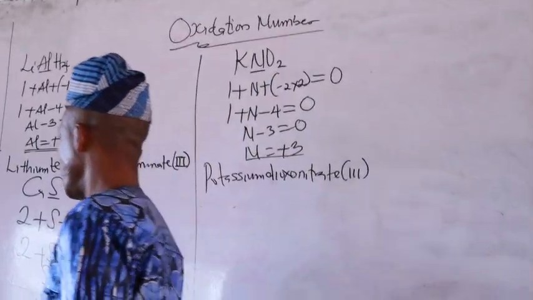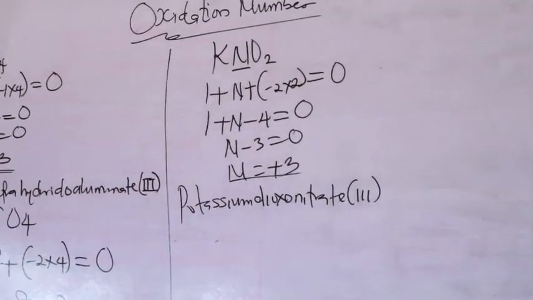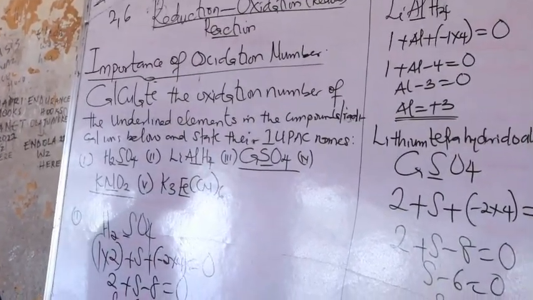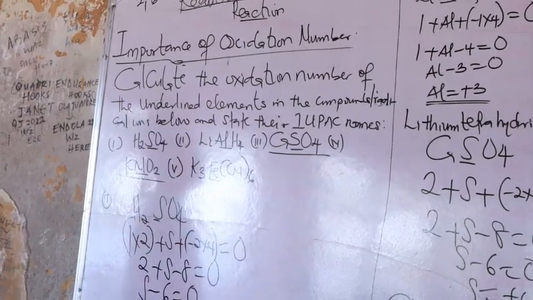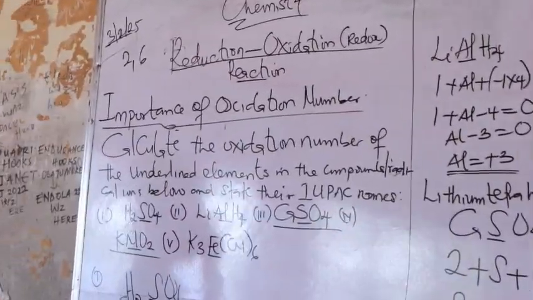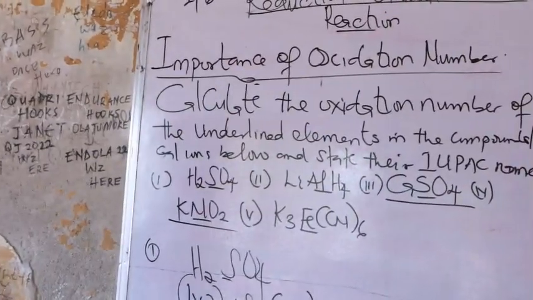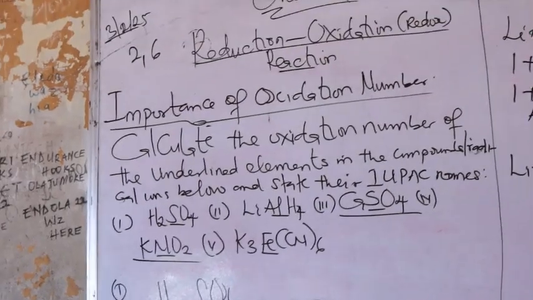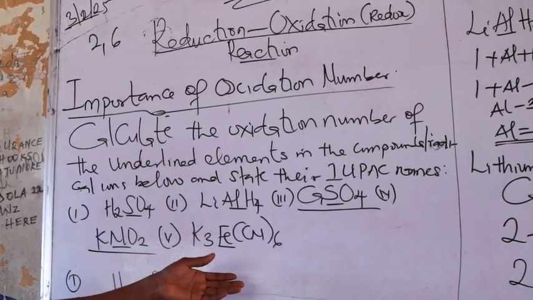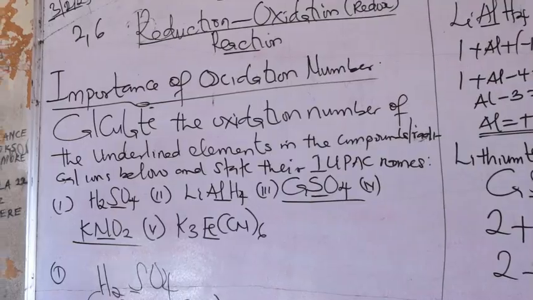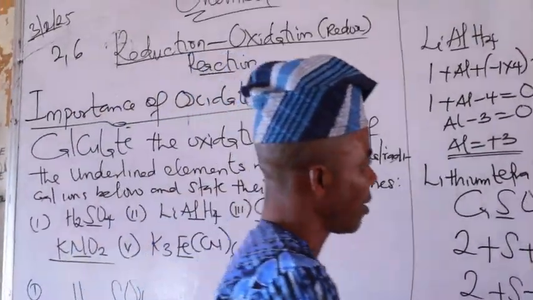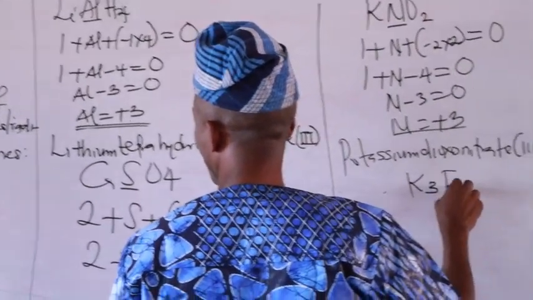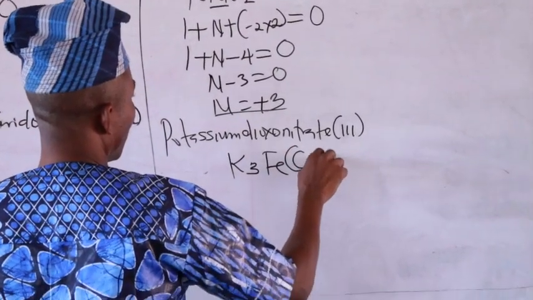Then the last one here, which is K3Fe(CN)6. What will be the name of this? Potassium hexacyanoferrate 3. It means the oxidation number of iron here is what? So let us look at K3Fe(CN)6.